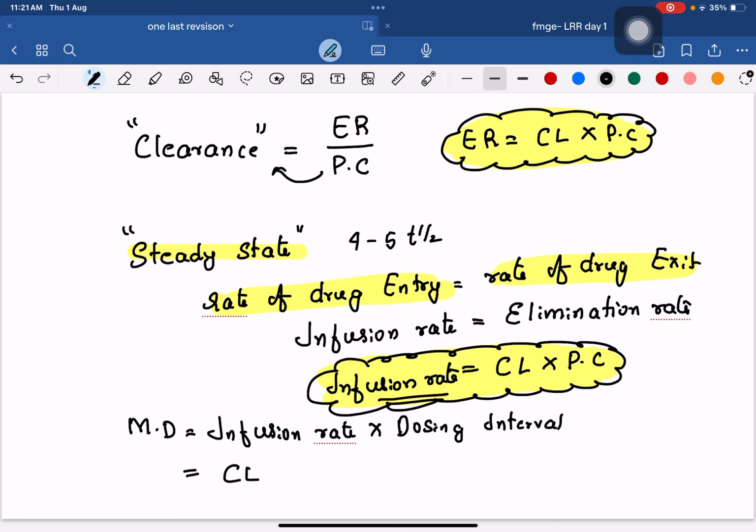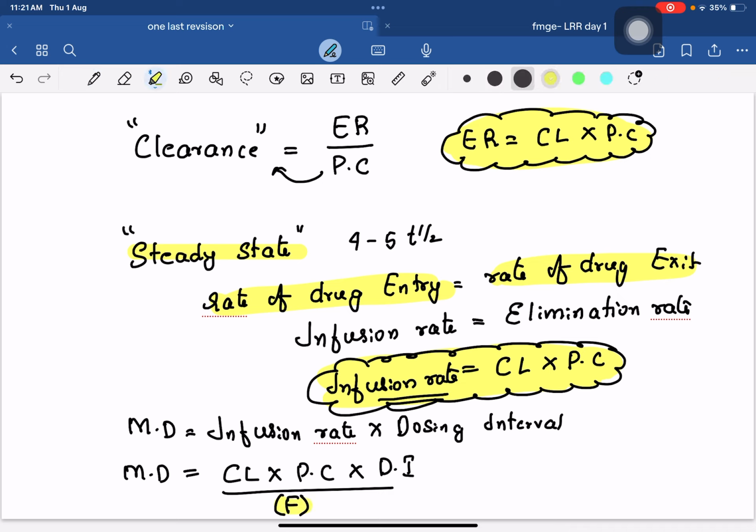So it is nothing but clearance into how much plasma concentration you require into dosing interval. This is again the maintenance dose. Now here I am not writing F because infusion is done through IV route, so F becomes 1, that is, bioavailability is 1. So in infusion, maintenance dose is equal to clearance into plasma concentration into dosing interval. So this is how the doses are calculated.